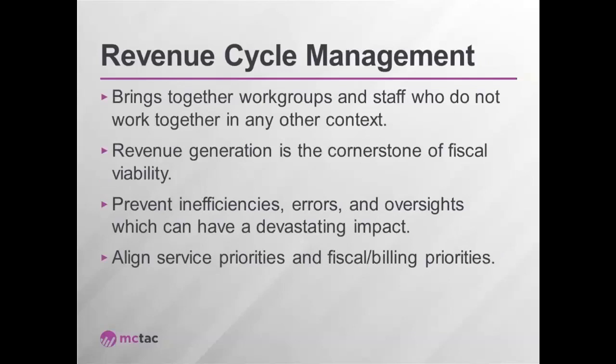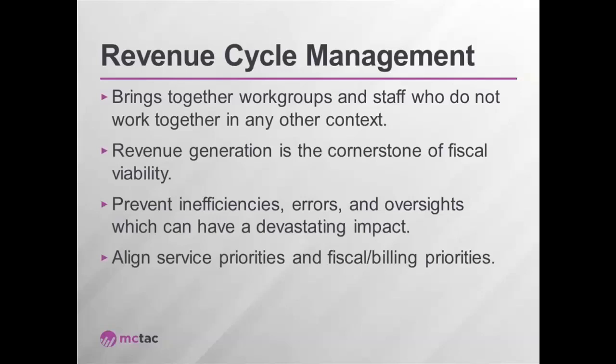And of course, what you want to do is prevent, or at least reduce dramatically, the inefficiencies and errors. You want to increase oversight, which can help with everything in regards to it. So this work group and this team, their job is to really make sure that every service is accounted for and you know exactly where in the cycle it is.